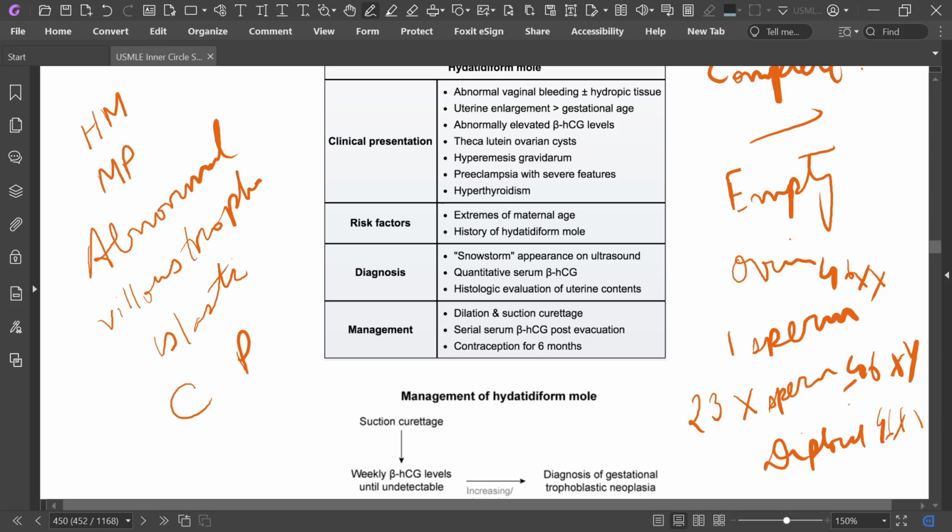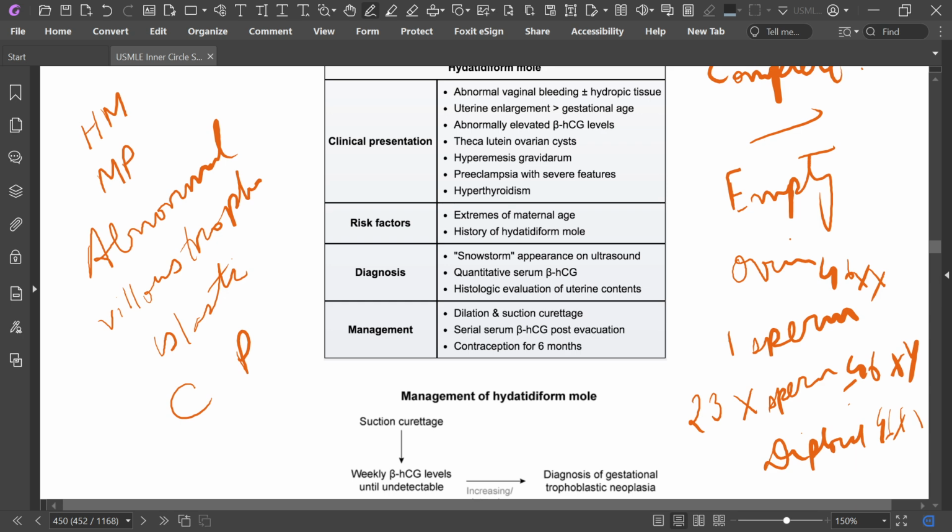In a complete mole it resembles a bunch of grapes due to its edematous hydropic villi and trophoblastic hyperplasia. Microscopic appearance reveals large edematous villi with decreased blood vessels and trophoblastic proliferation.